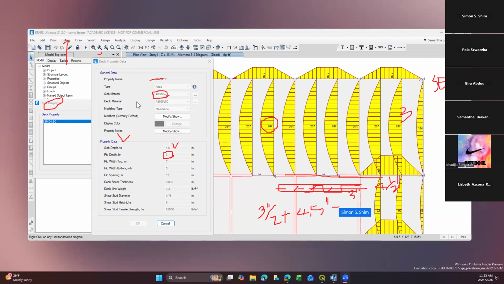Total 6 inches, right? So 6 inches divided by 12 is 0.5 feet, times, if this is concrete material, I think the default I'm using is 150 pounds per cubic foot. So you don't need a calculator. It's about 75 PSF. Slab weight is 75 PSF, right?